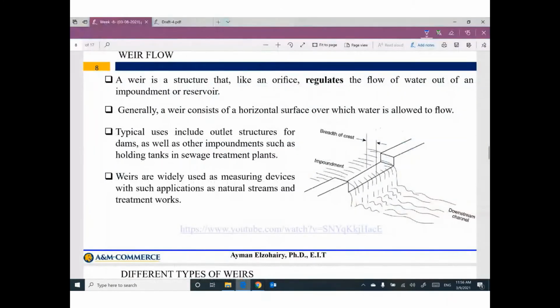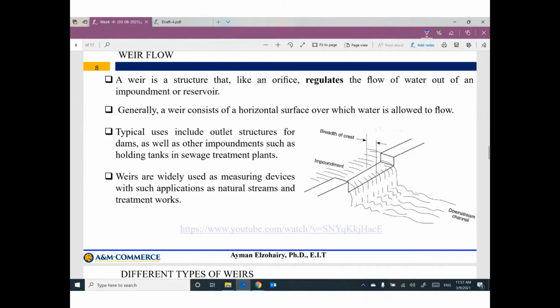The second structure is called a weir. Did you see a weir before? A weir is a structure that, like an orifice, regulates the flow of water out of an impoundment or reservoir.